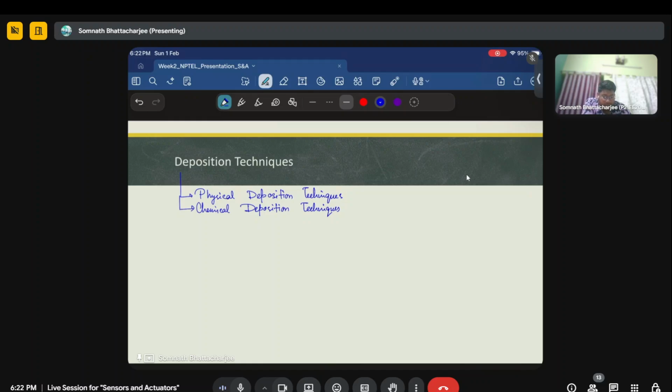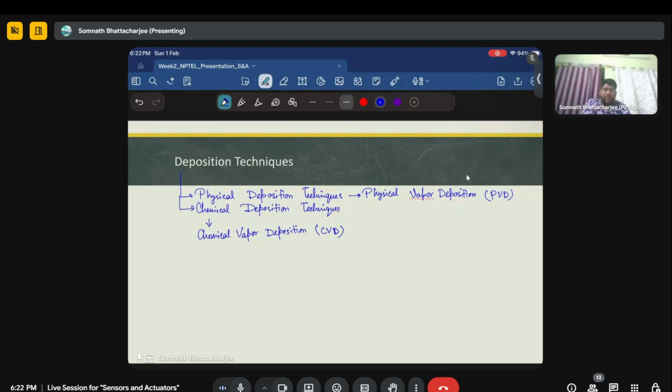The physical one is known as physical vapor deposition, or PVD, and the chemical deposition technique is known as chemical vapor deposition, or CVD. There are different kinds of PVD techniques and different kinds of CVD techniques as well.